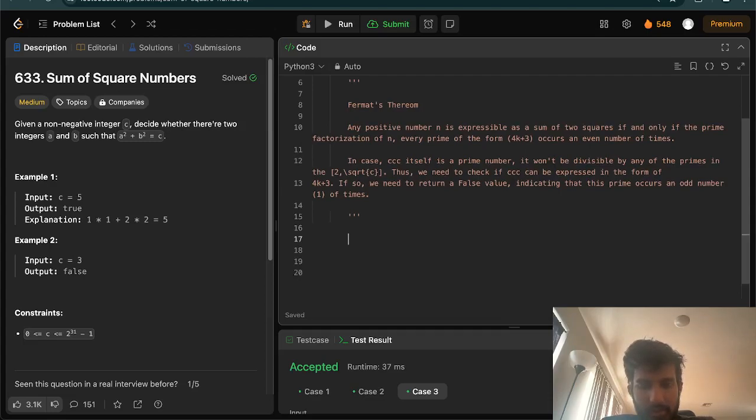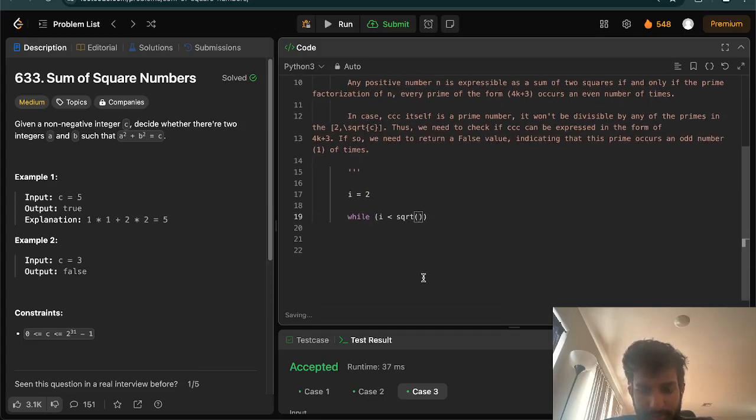So we start with i equal to 2, and while i is less than the square root of n, or of c, we increase i by 1 at the end.